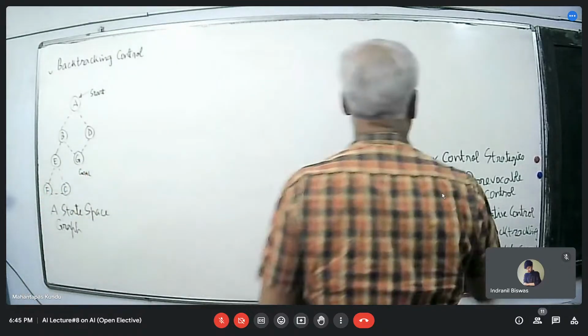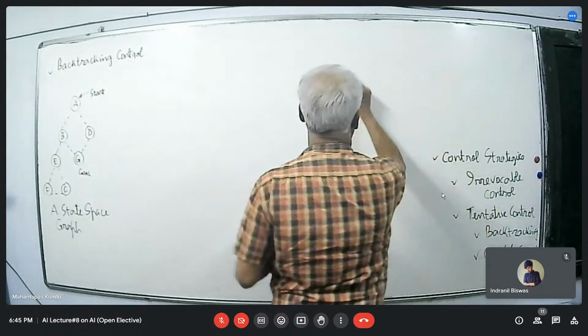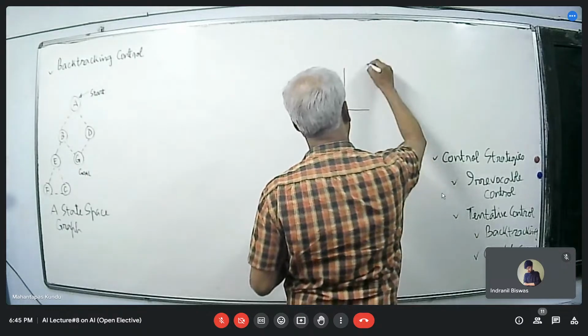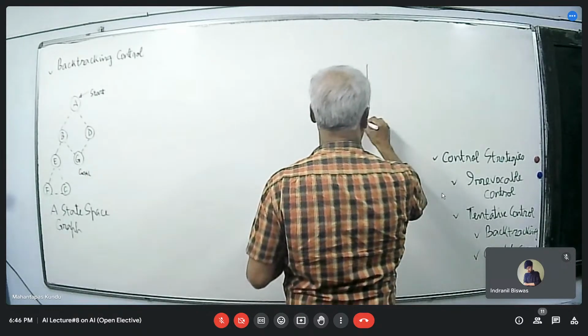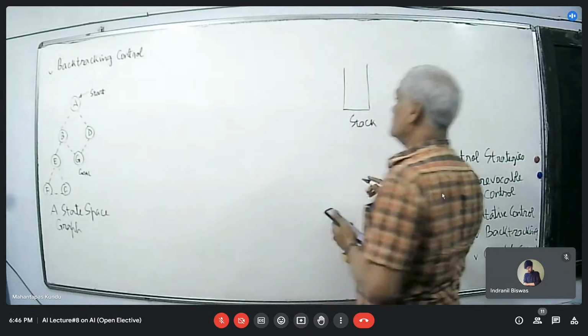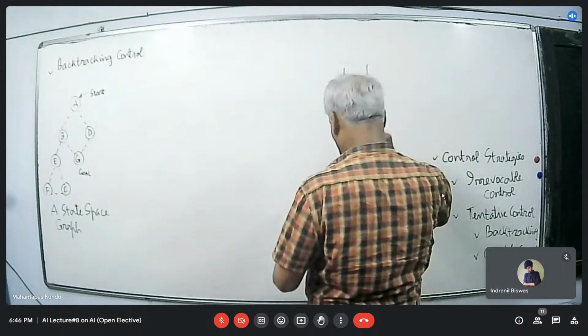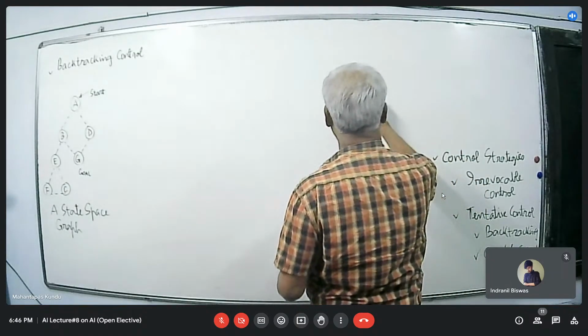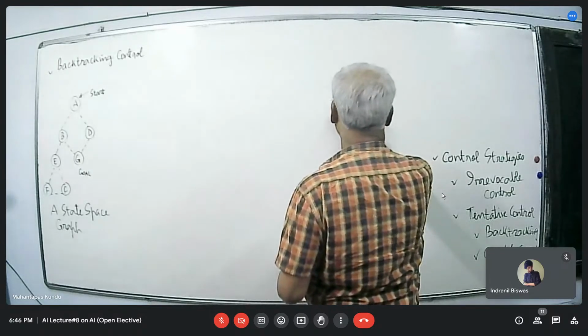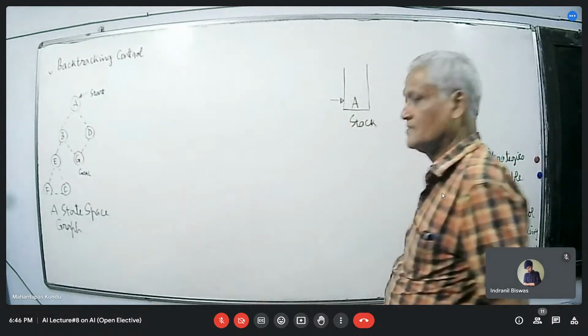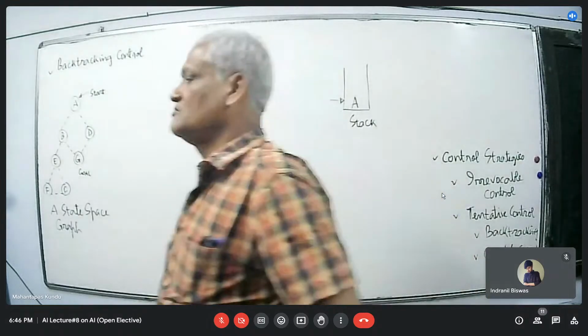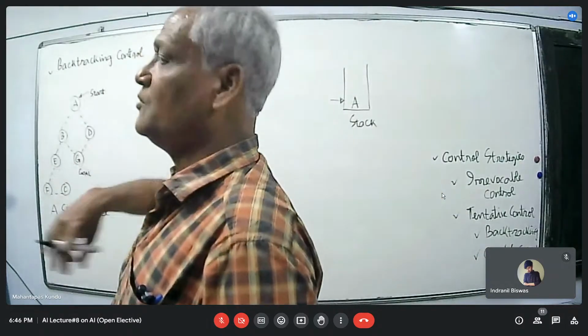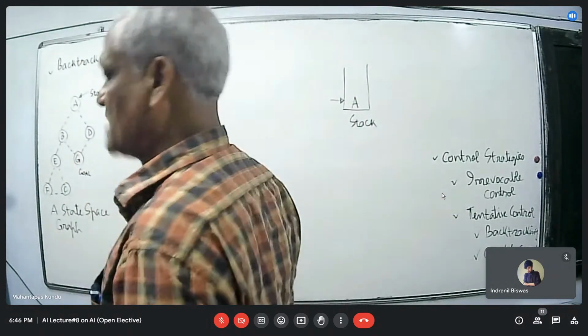So we have a stack here. Initially we will push the start node over this stack. And then what we will do, we will pop one node from the stack.